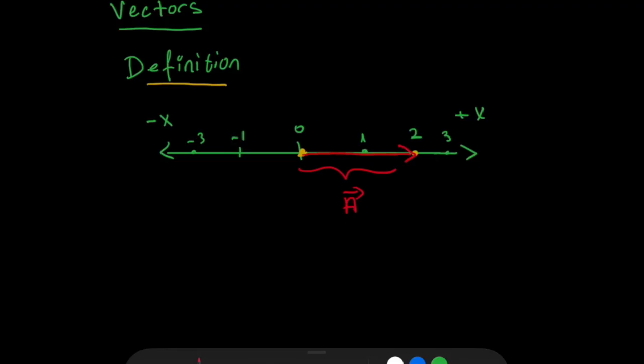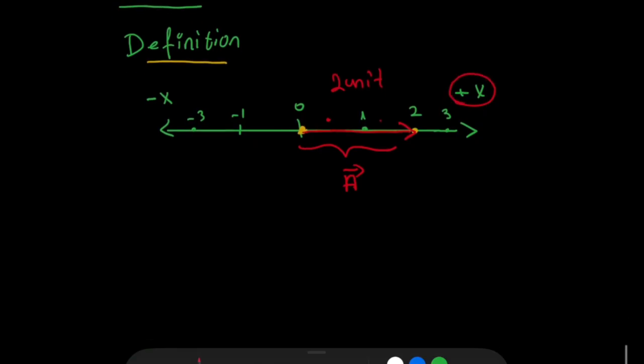Our vector, we have 1, 2 units, and the direction is the plus x direction.